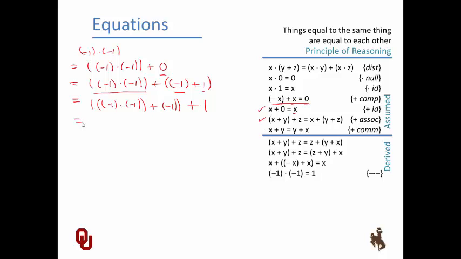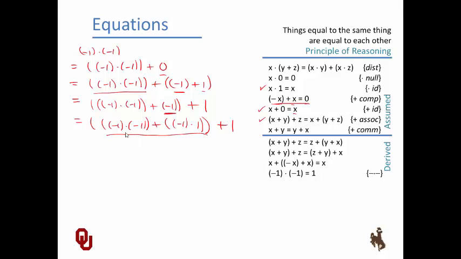Okay, now let's observe that this minus 1 we can rewrite according to the identity law for multiplication. We can write it as minus 1 times 1. So let's do that. We still have this minus 1 times minus 1 here. Now here, instead of just minus 1, we're going to have minus 1 times 1. And we're still going to have the plus 1 at the end. Okay, now look at this term here.